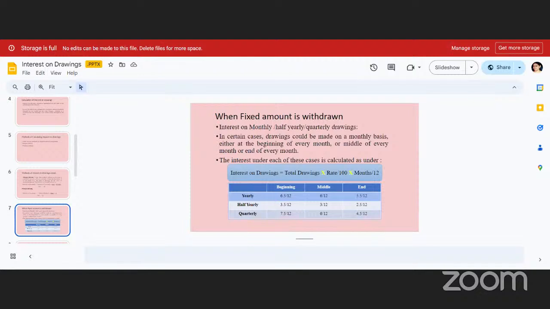Yes, today whatever we did, appropriation account, partners' capital account, and this interest on drawings calculation, all these are short answers.